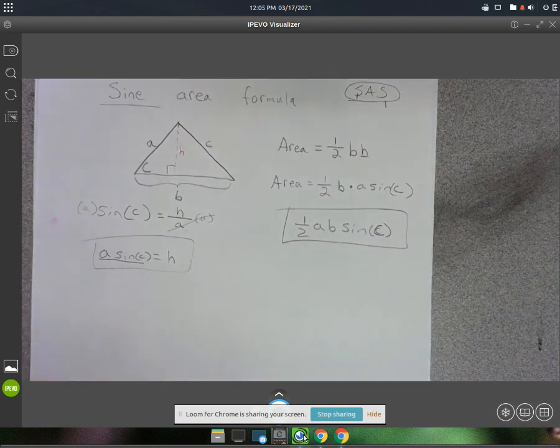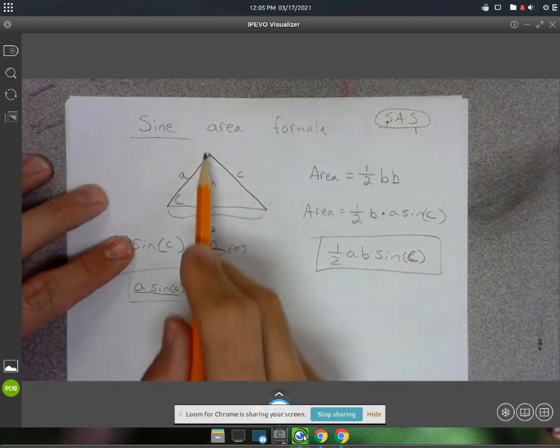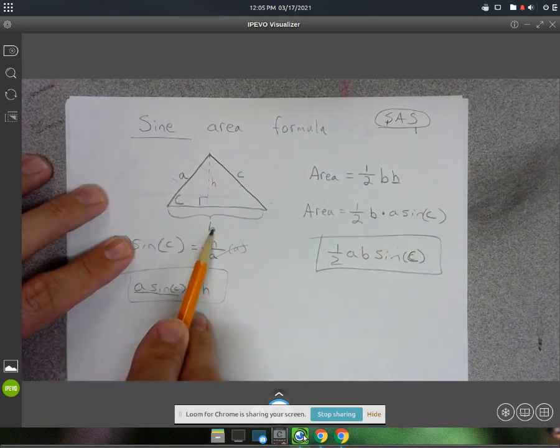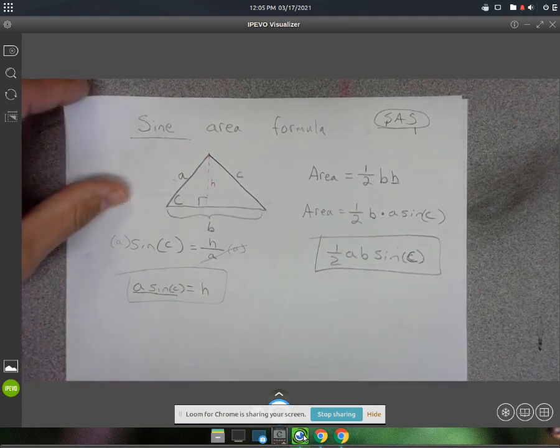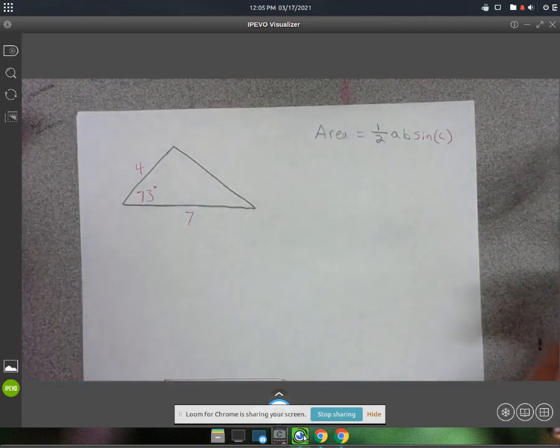This is going to be my formula. I'm going to use that to find the area of some triangles. Instead of having to know the base and the height, I just need two sides and the angle that comes in between them. And that's going to give me the area every time, no matter what kind of triangle I got, whether it's obtuse or whatever.